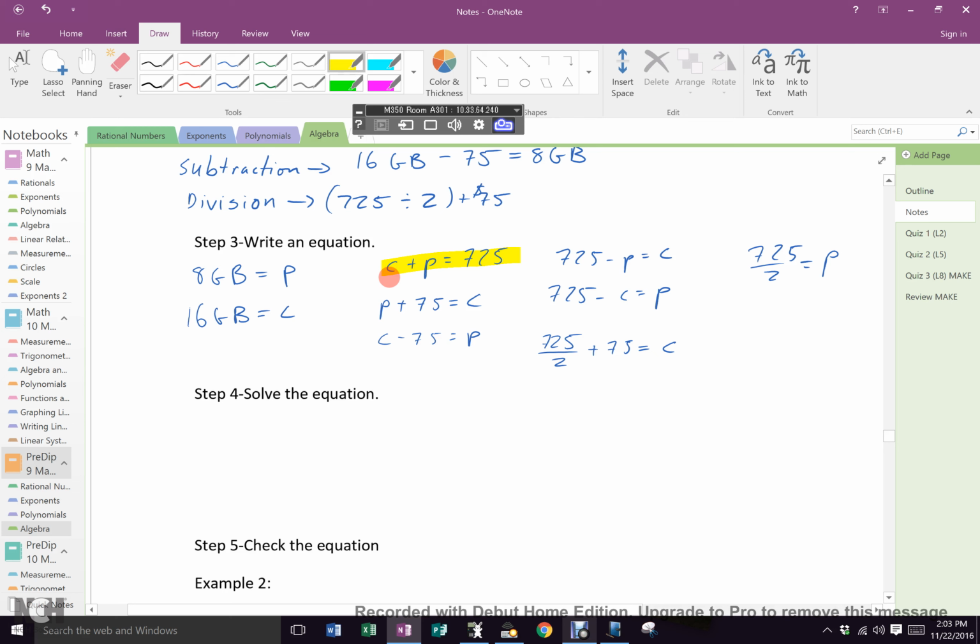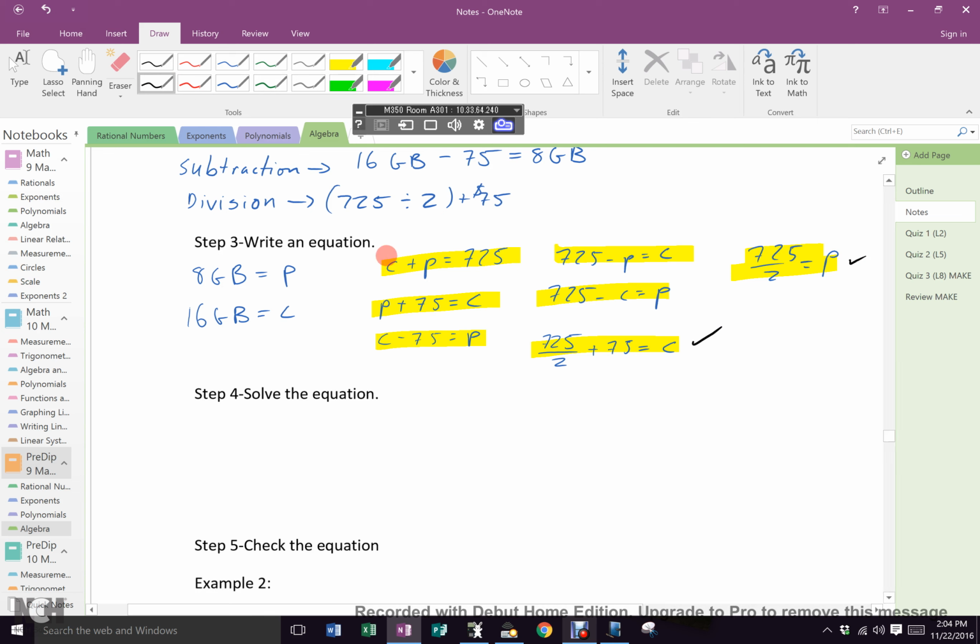Can I use that? Yes. Why? They only have one variable, right? Or do they? Oh. Dun, dun, dun.